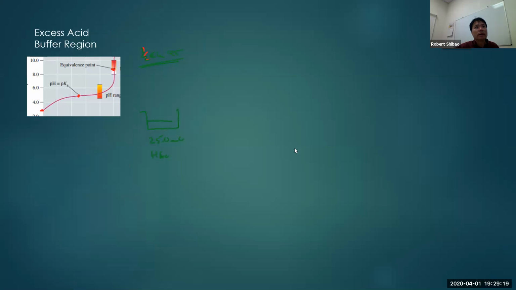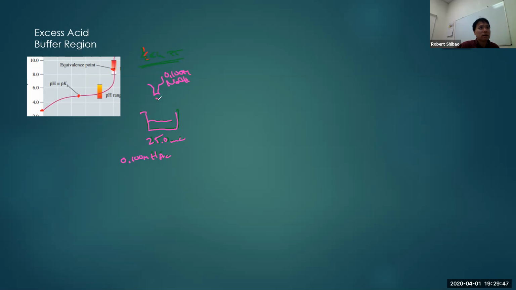Green's probably not the best color for this. Let me change the color. So what I'm doing is I am titrating this with sodium hydroxide. And this is also 0.100 molar.